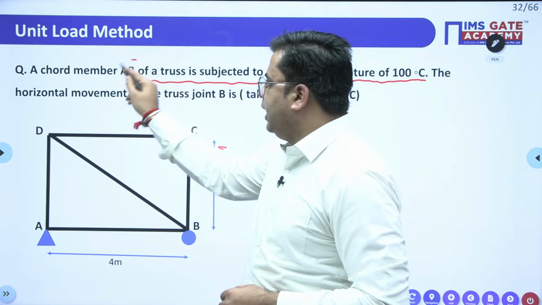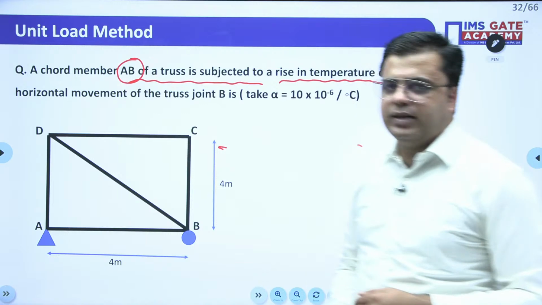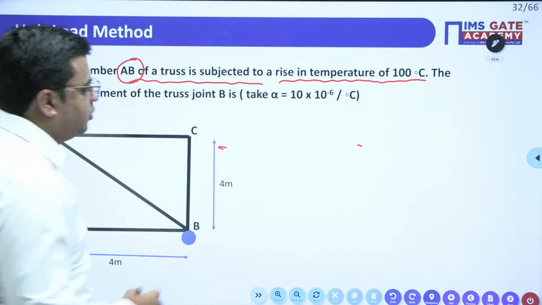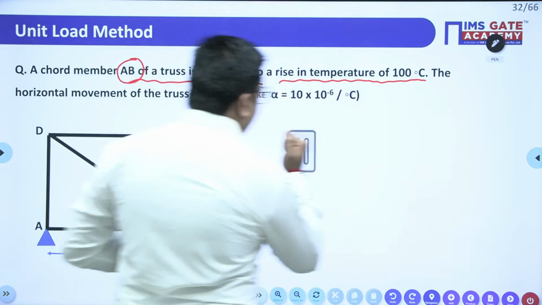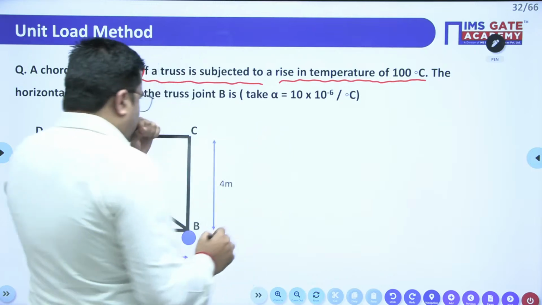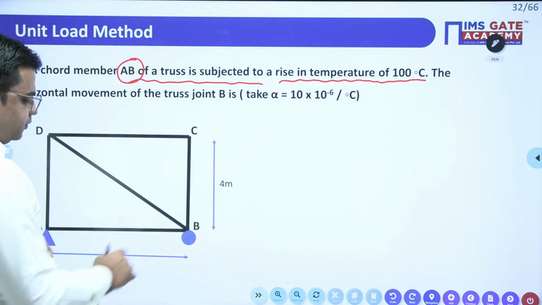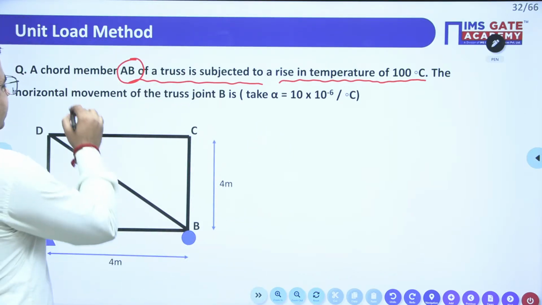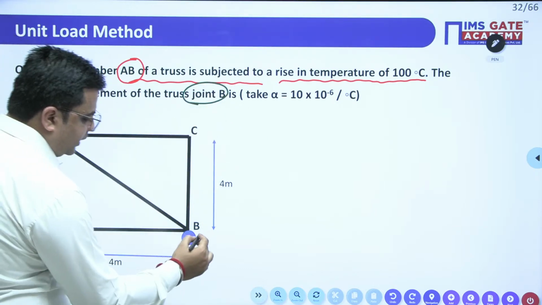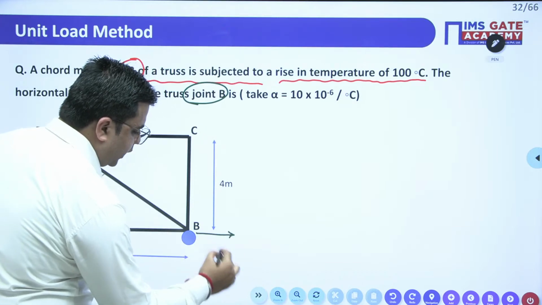Only member AB is subjected to the rise in temperature, right? Only member AB is subjected to the rise in temperature. What we do is, we need to calculate the horizontal movement of joint B, right?